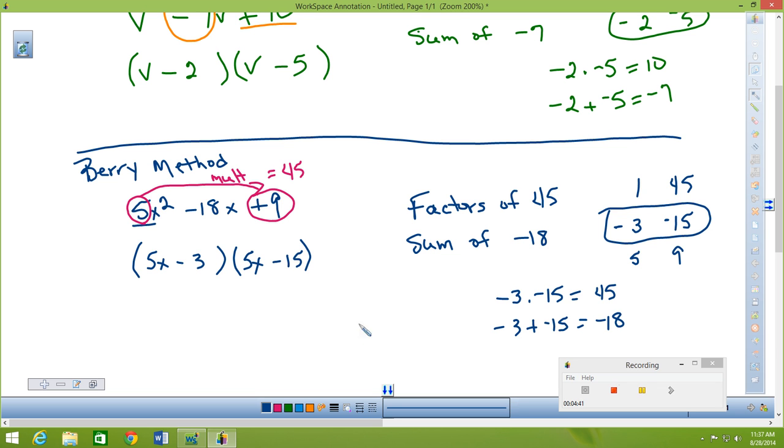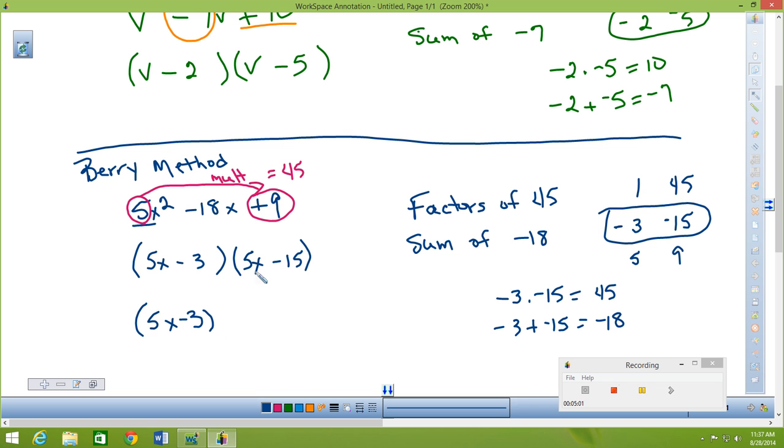The last step in the Berry method is I'm going to look and see, in each group, can I divide those by the same number? Well, in this one I have 5 and 3. They don't have a common factor, so that one's going to stay 5x minus 3.